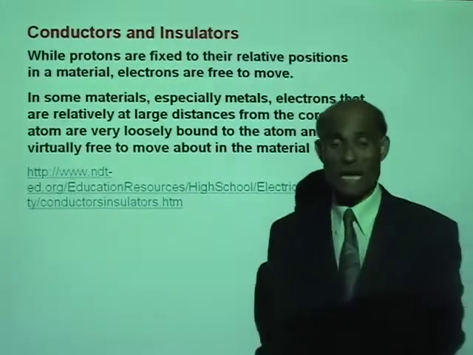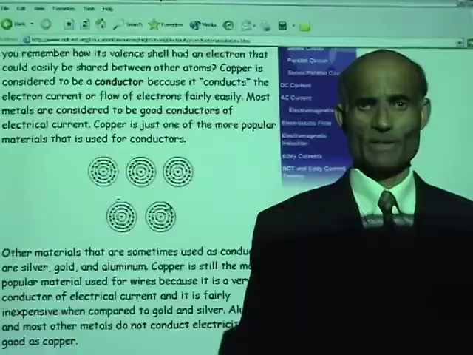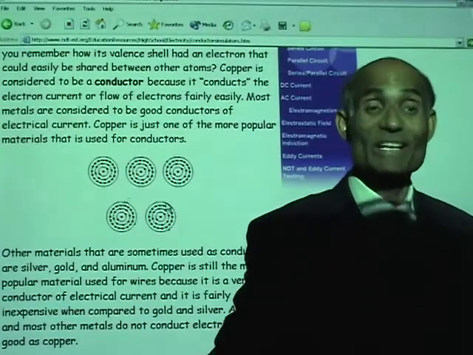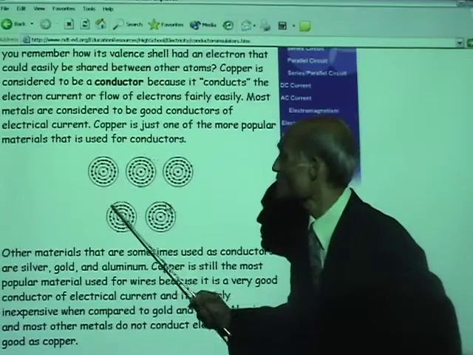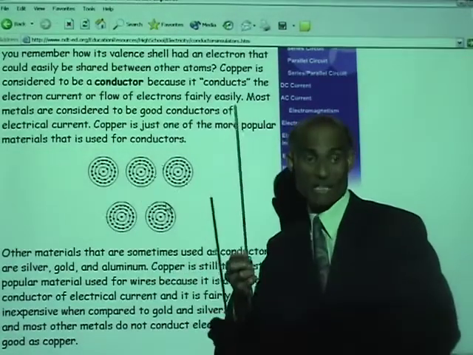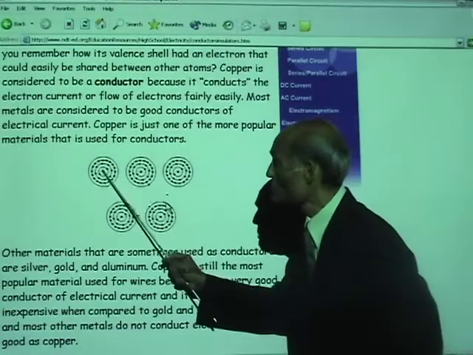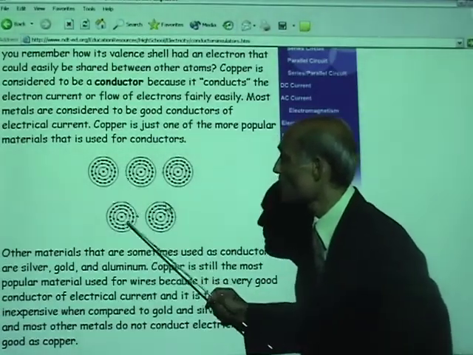Now let me show you an animation to explain what a good conductor is. Now this is what happens in a conductor. You see, these are the atoms of a material like this, and there is the central nucleus and the electrons moving around it.